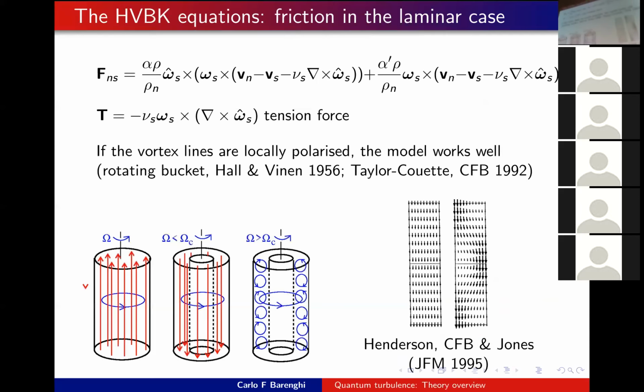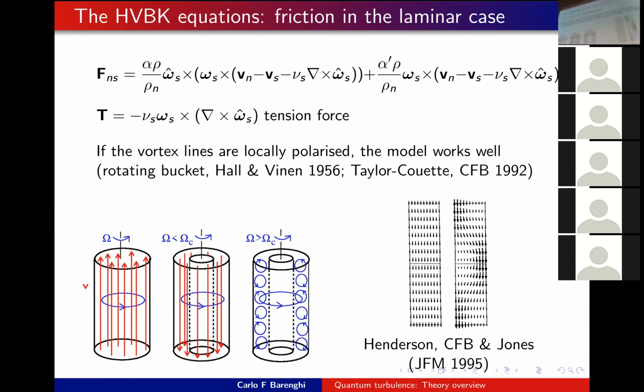So in this case, we know very well what is the friction. It's described in these papers, and actually it's spelled out in all the kind of nasty details over there. It's quite complicated looking. Again, with these coefficients alpha and alpha prime, which have to do with finite temperature effects. And there is also another term to add, which is a tension force, by the way.